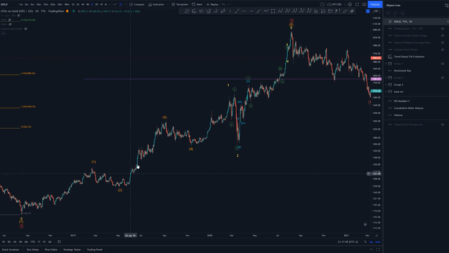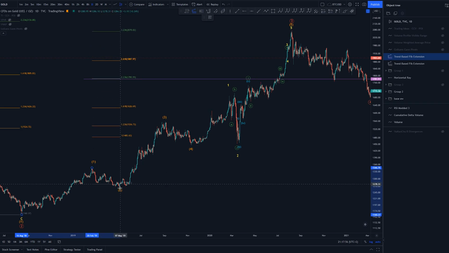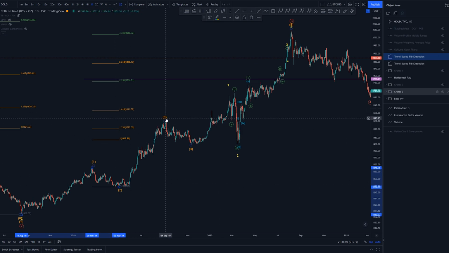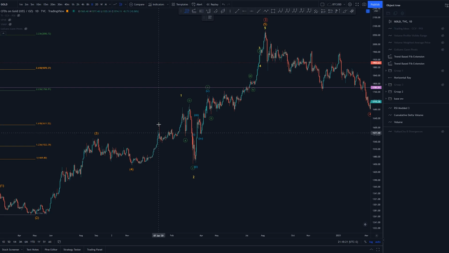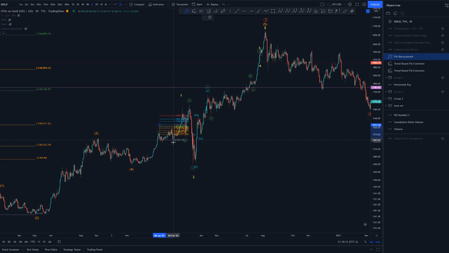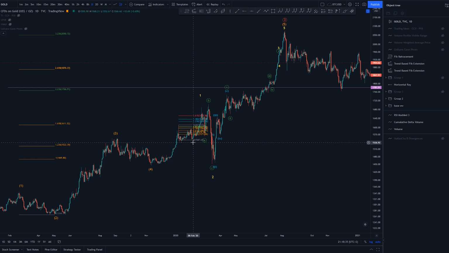So I've labeled this 1, 2, 3. Let's actually check that this is valid. Yeah, 1 is here, but again 3 is not getting to the 1.618, which is not good. Now we could argue 3rd would be here, right at the 1.618, but the thing is, if the correction for the 4th would be this ABC, and if we pull the fibs, you remember the B wave shouldn't cross the 1.618.